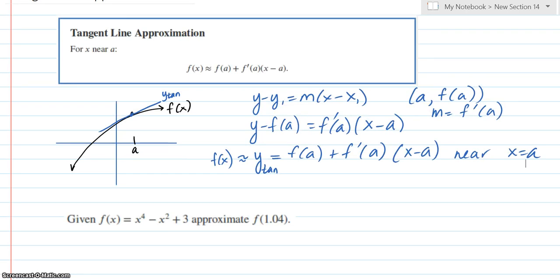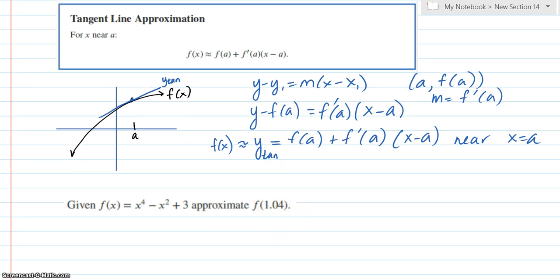We have it. So let's go ahead and try this example. Given f of x is equal to x to the fourth minus x squared plus 3, let's approximate f of 1.04. Since 1 is very close to 1.04, that's what I'm going to let my a be. Which, by the way, is very convenient to find because f of 1 is going to be 3.